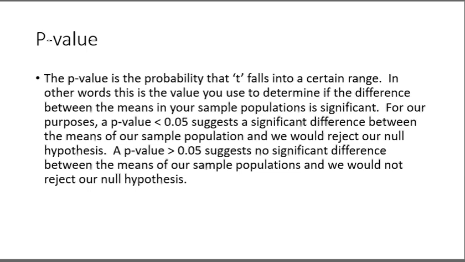Referring to that condition, you just stick to it: if the p-value is less than 0.05, you will reject the null hypothesis. If the p-value is greater than 0.05, you will not reject the null hypothesis.